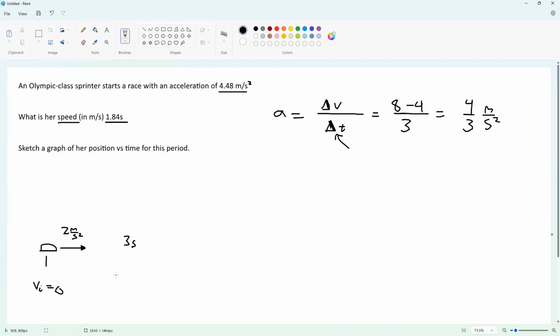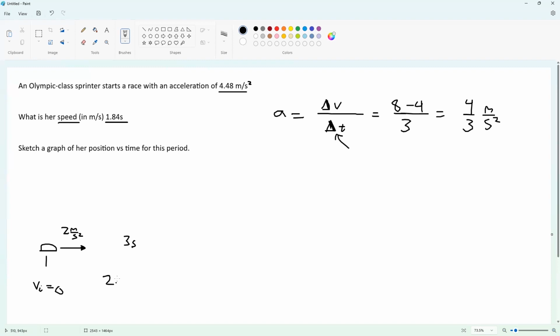Oh, it's accelerating at a rate of 2 meters per second squared. That means each second it gains 2 meters per second, so in 3 seconds it would be 6 meters per second. That is correct.